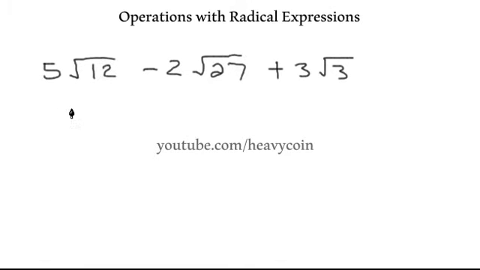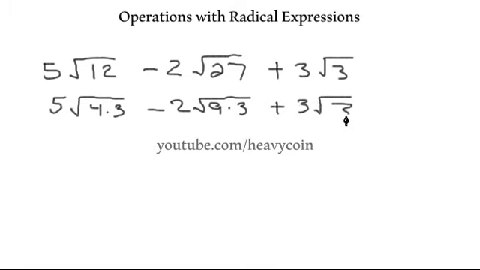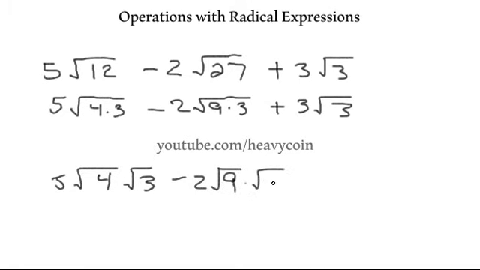So this is the square root of 4 times 3 minus the square root of 9 times 3, and of course we can't break that down anymore. So this can be broken down as 5 times the square root of 4 times the square root of 3, minus 2 times the square root of 9 times the square root of 3, plus 3 times the square root of 3.